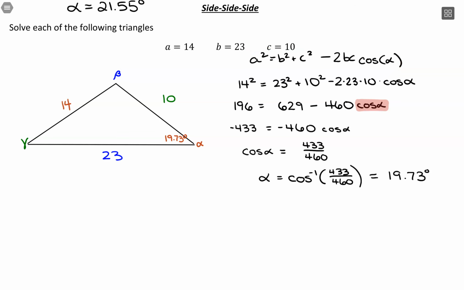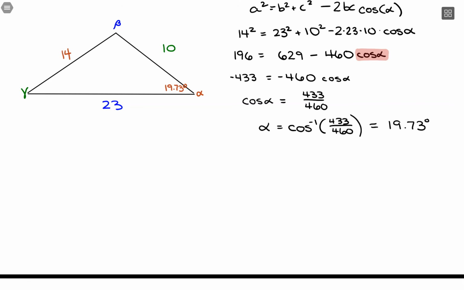So if we wanted to solve for beta, we'd put beta where alpha was, then we'd have b squared equals a squared plus c squared minus 2ac times cosine of beta. And then you just plug in your numbers and solve, which works great. Or what we could do is law of sines, which I'll show here. It's typically the route I go, but again, it's either way.